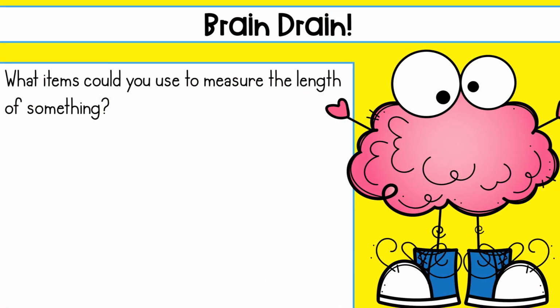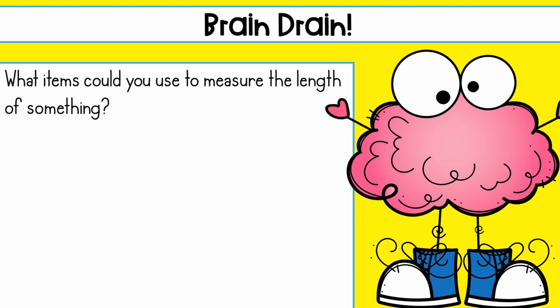So when we first begin to learn about measurement, we don't use rulers and we don't use tape measures. We use other objects, it's what we call informal units. So I would like you to pause the video for a moment and think to yourself, well, if I can't use a ruler to measure something, what could I use?